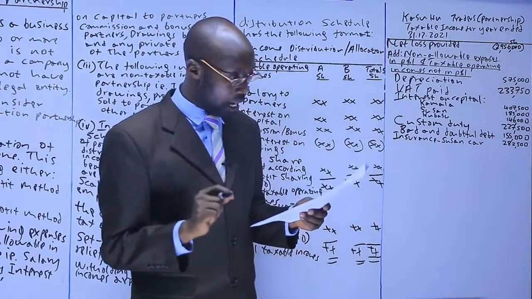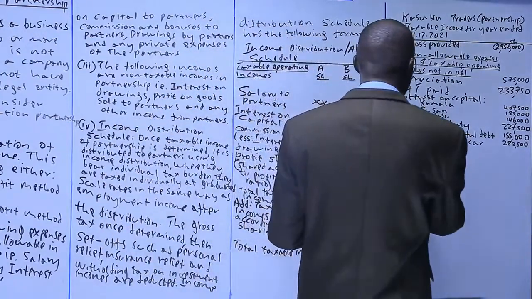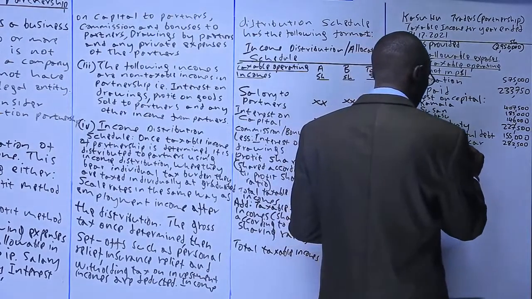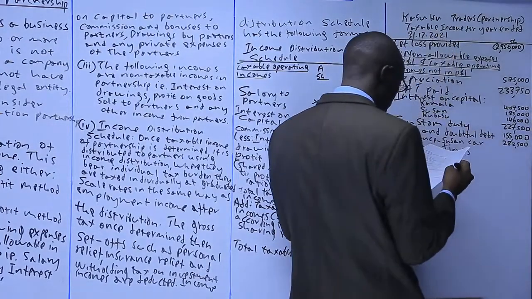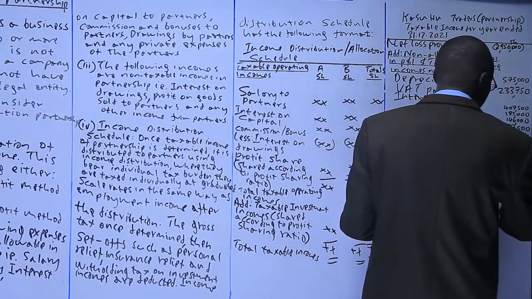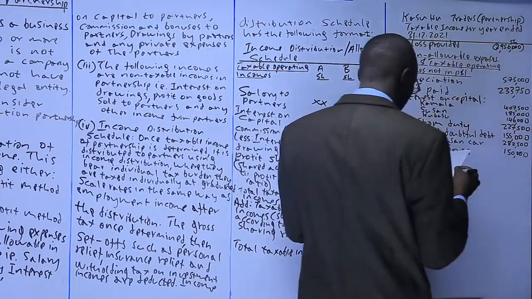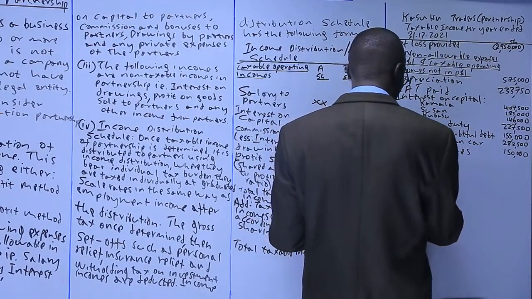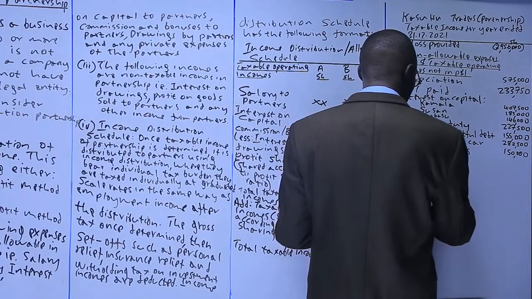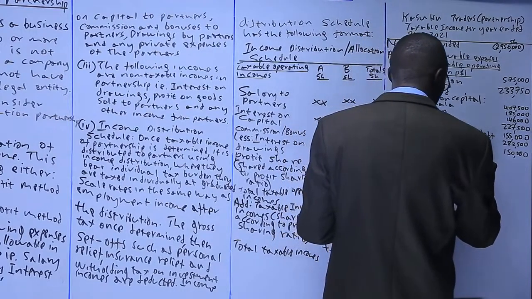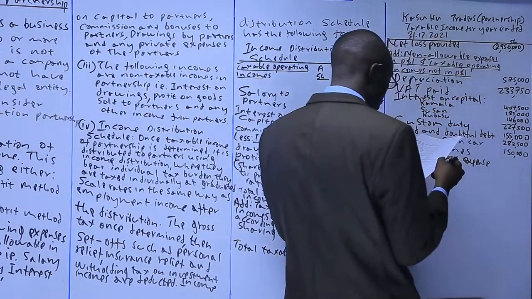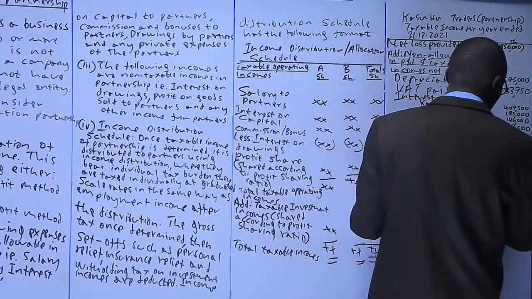So now let us disallow the ones that we have said. Parking fine, $150,000. Tax assessment expense, which we have 62,500.